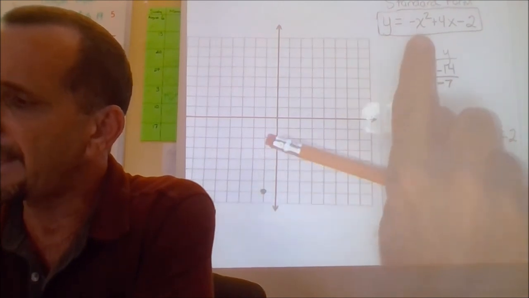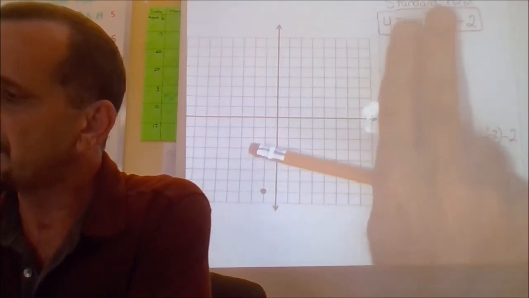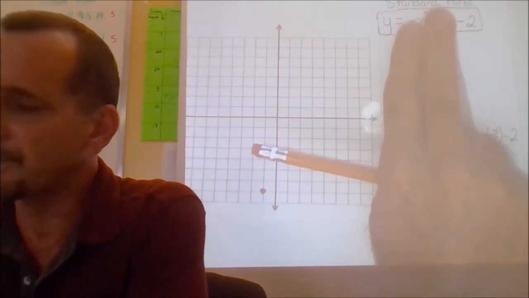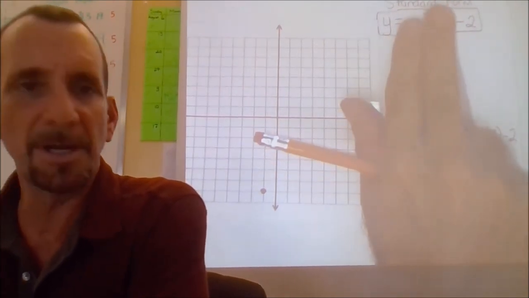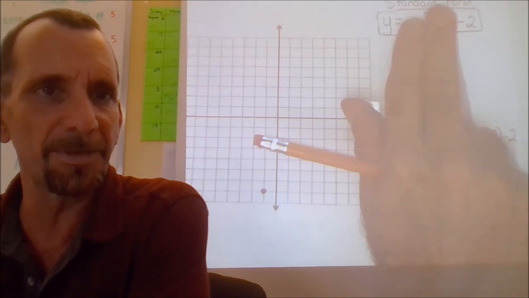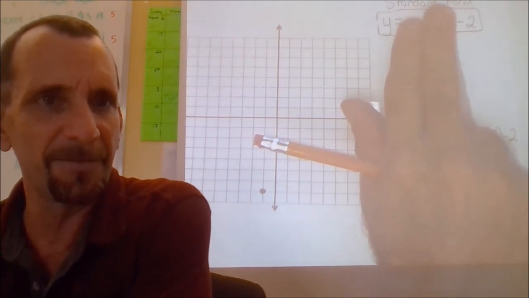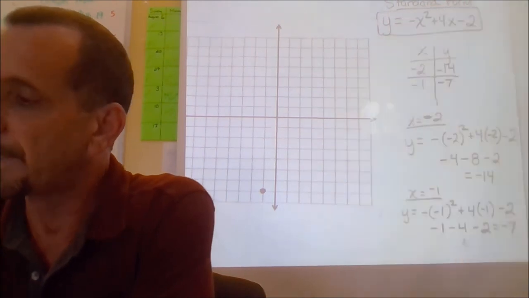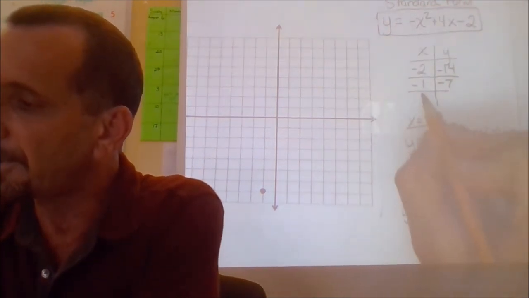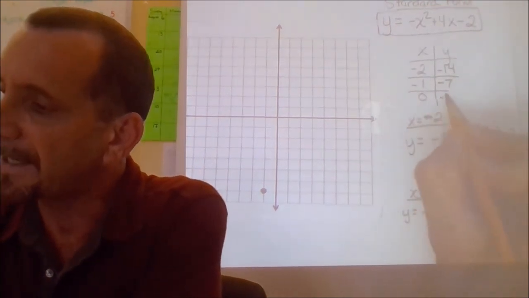And I could just come up on here when x is 0, can't I just cover up those two first terms, because that's going to be 0 and that's going to be 0. And so I'm covering up all the terms with x's in them. And what am I left with? A negative 2. So when x is 0, y is a negative 2.